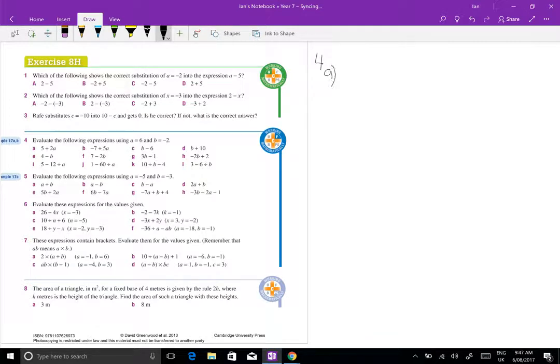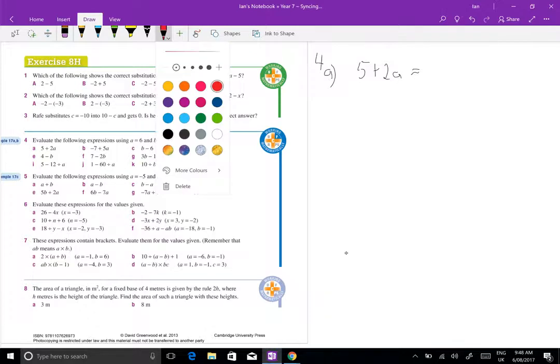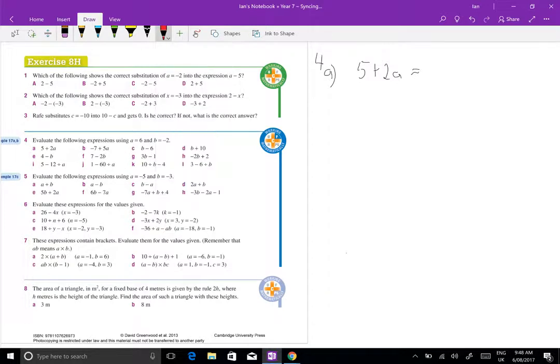So 4A. Here we have an expression, 5 plus 2A. And what do they tell us to let A equal? They say find the value when A equals 6. So down here, here's what they tell us to do. Let A equal 6 and B equal -2.